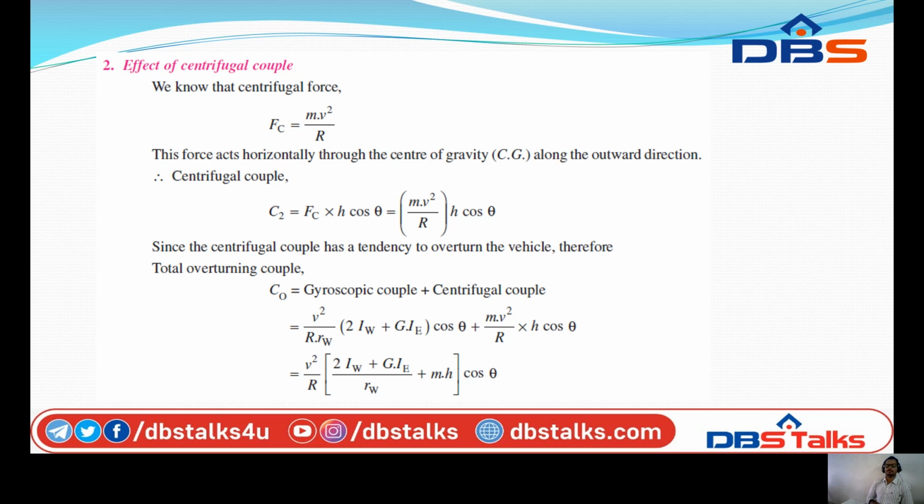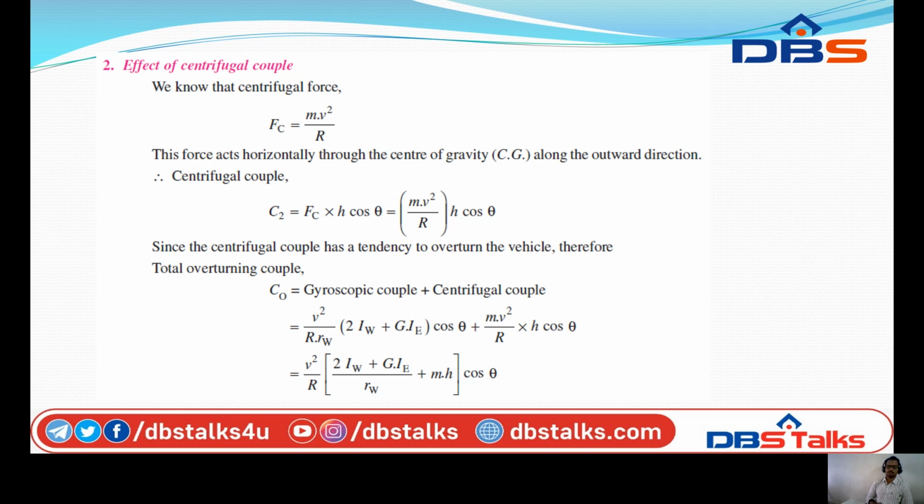Since the centrifugal couple has a tendency to overturn the vehicle, the total overturning couple C naught is equal to the gyroscopic couple plus the centrifugal couple.